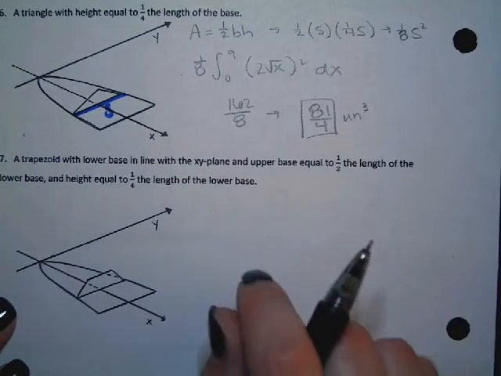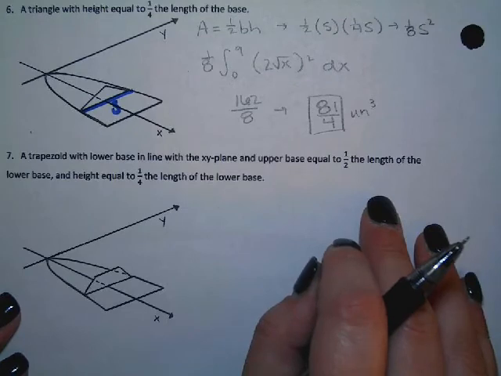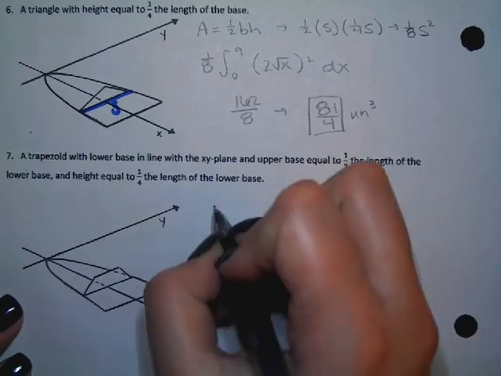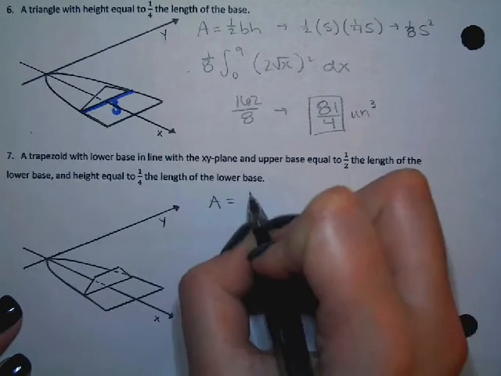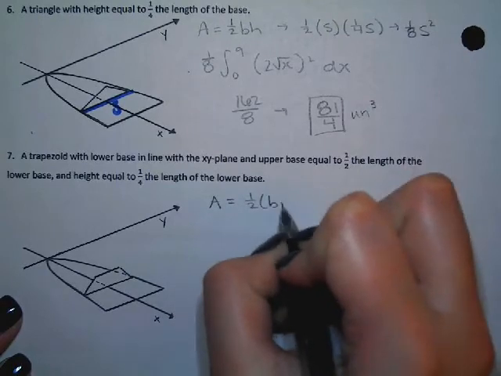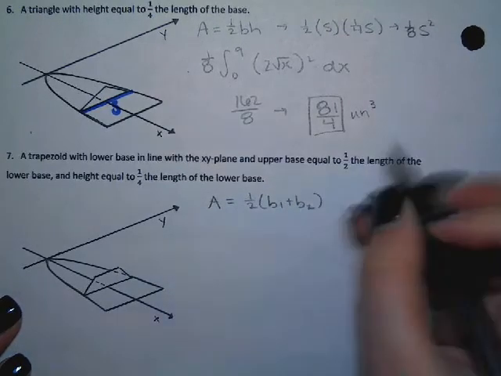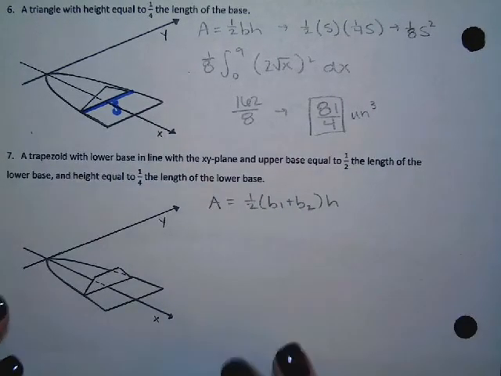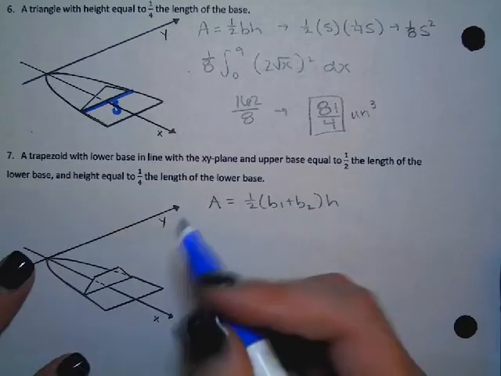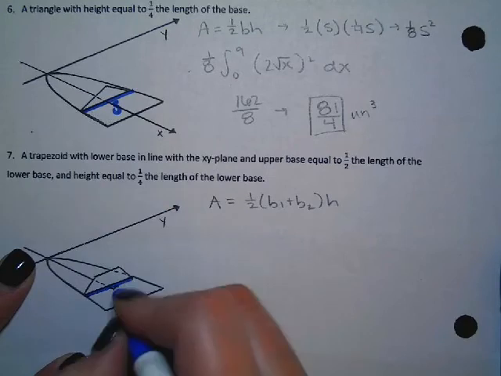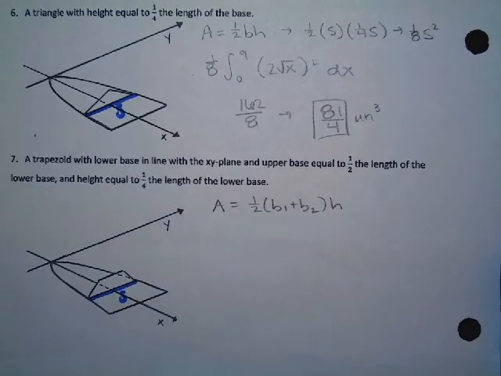All right. I'm writing it as that. A trapezoid. What's the area of a trapezoid? Half base 1 plus base 2 times side. A trapezoid with the lower base in line with the xy plane and an upper base that is 1/2 the length of the lower base.